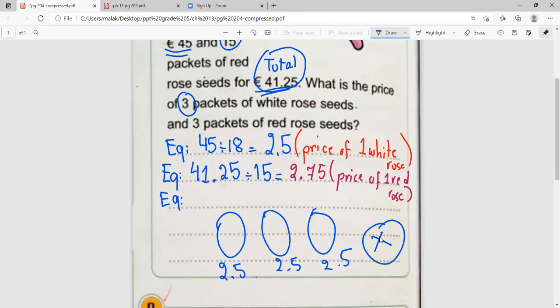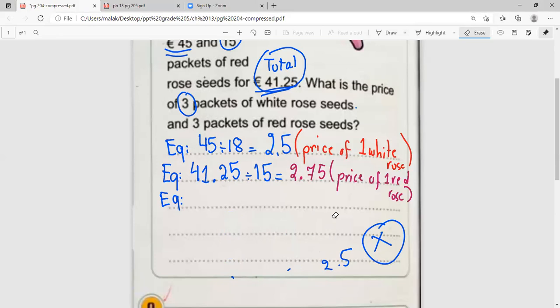Here, opposite to the previous one, we will find the total price of 3 packets. We know that one packet costs 2.5 euro, 2.5 euro, 2.5 euro. So we are not distributing. We will find the price of 3 packets, the price of all. So we have to multiply 2.5 by 3.